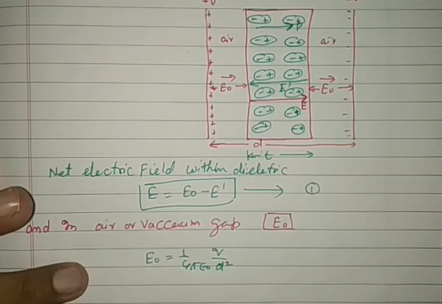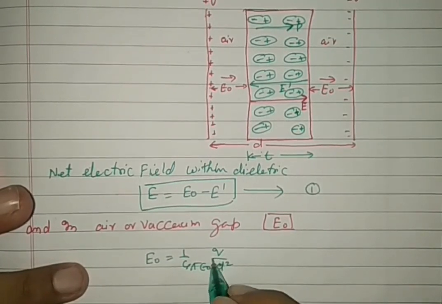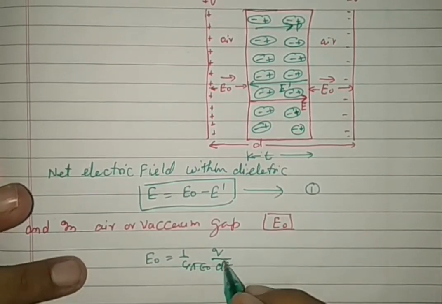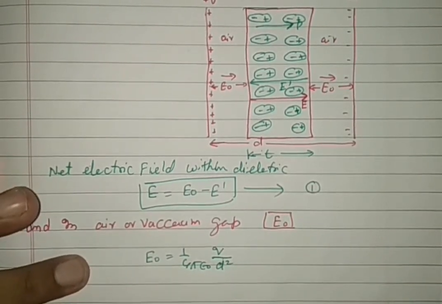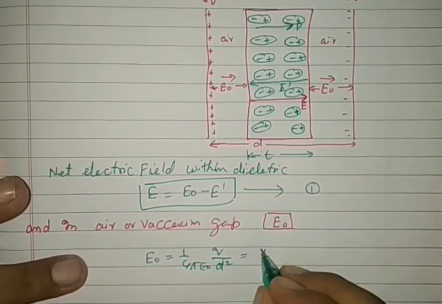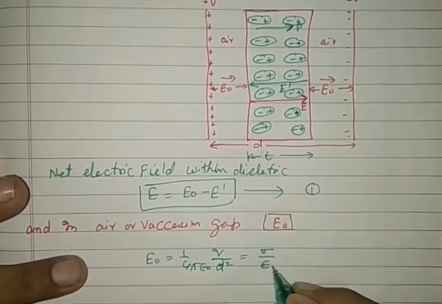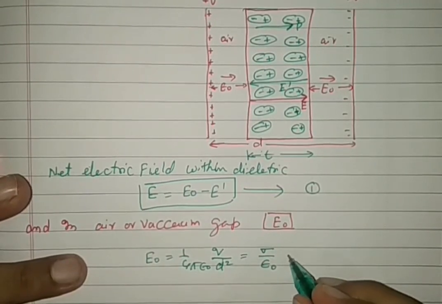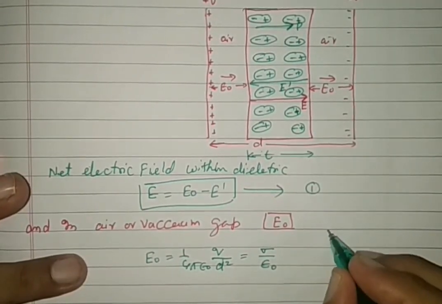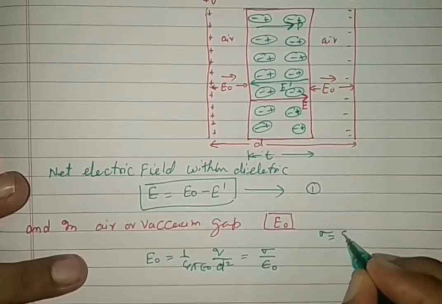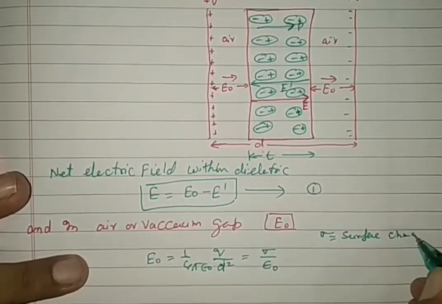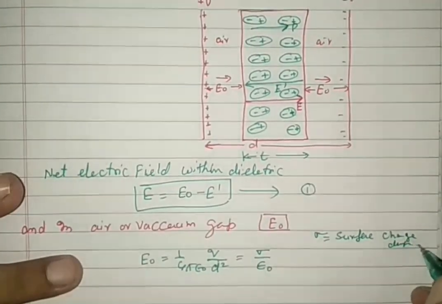This is one formula, and it can also be represented as sigma by epsilon 0, where sigma is the surface charge density on the plate.